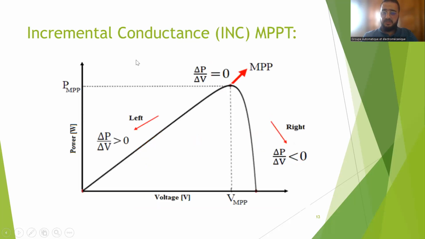For the incremental conductance, we will calculate the derivative of the power with respect to the voltage, or delta P delta V. If delta P delta V is positive, so we are here, we increase the voltage. If it is negative, so we are in this zone, we will decrease the voltage until we get delta P delta V equal to 0. So this is the maximum power point, MPP.